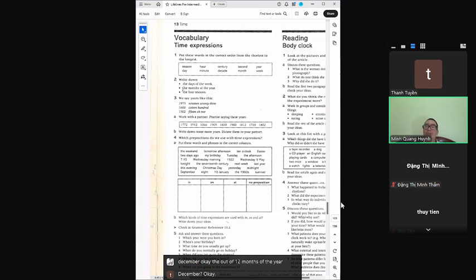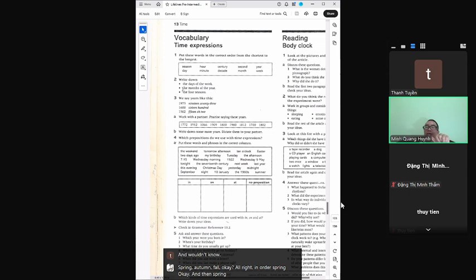What are the 4 seasons? Summer, spring, autumn, fall, and winter. In order, spring, which is January, February, March, April.